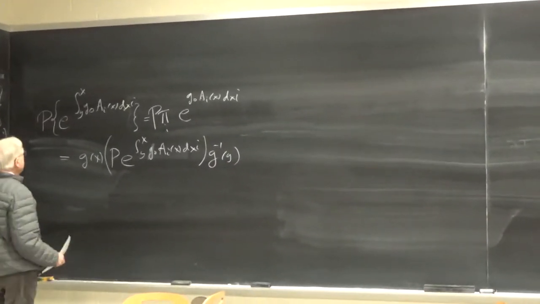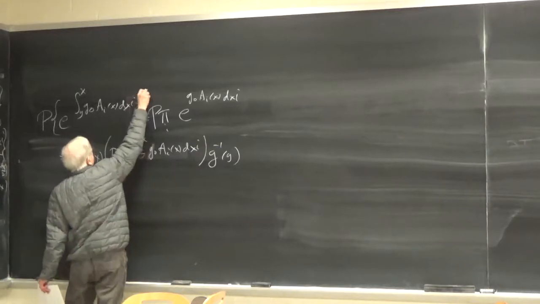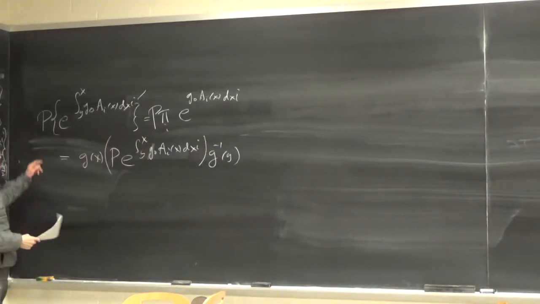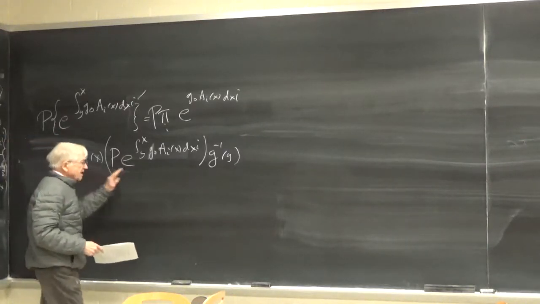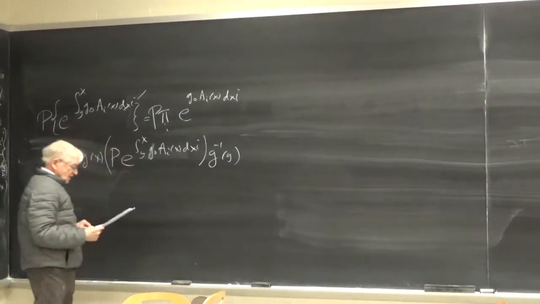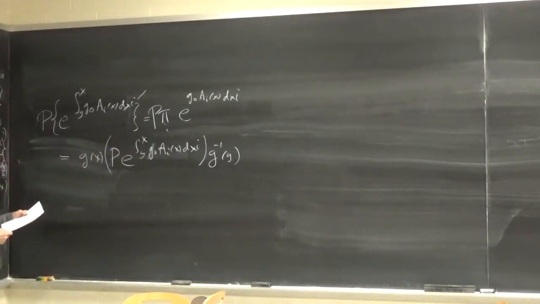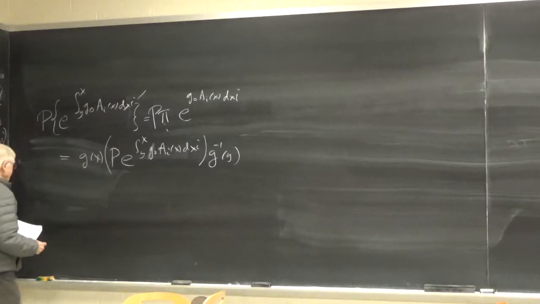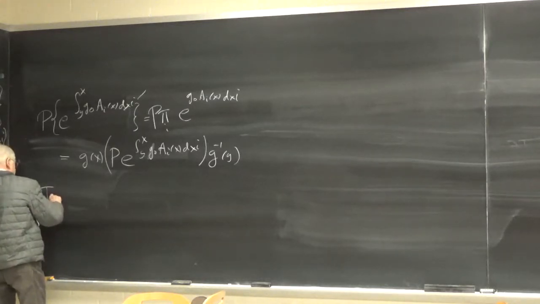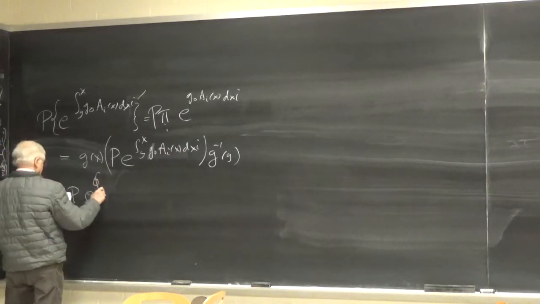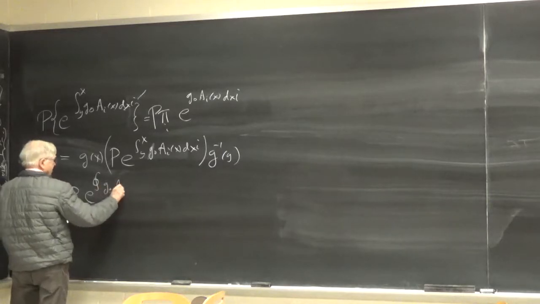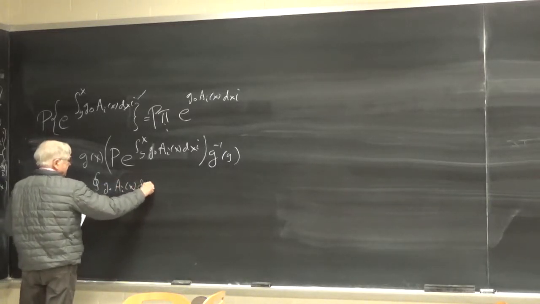So the whole thing, under a gauge transformation, so I need to put a prime on this. Under gauge transformation, the path ordered exponential of a line integral turns into a g of x, g inverse of y, and then the path ordered exponential. And so in particular, if you have a loop, then you take the trace, you have trace path ordered of an integral of g0 A_i of x dx^i.